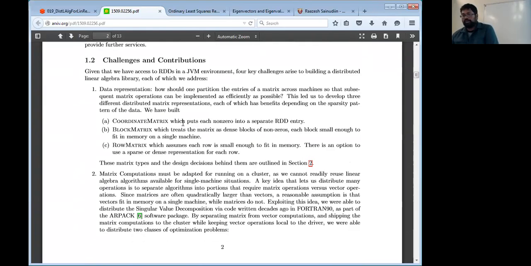In the coordinate matrix, each non-zero entry is put in a separate RDD entry. In a block matrix, each block that's small enough to fit in memory goes into a single machine. The row matrix assumes each row is small enough to fit into memory, and it has RDDs of rows.